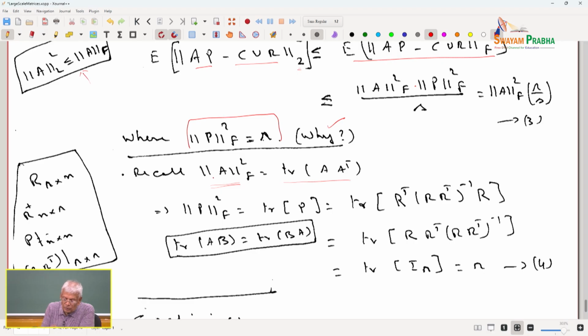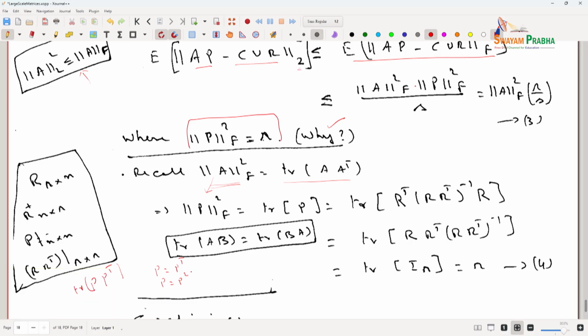So if I apply that rule, the square of the Frobenius norm of P is equal to the trace of P times P transpose, but P is an orthogonal projection matrix. P is equal to P transpose, it is symmetric, and P is also equal to P square, which is idempotent. Therefore, the trace of P P transpose is the trace of P, and that is the result that brings you to this point.